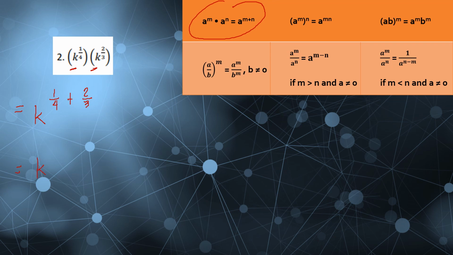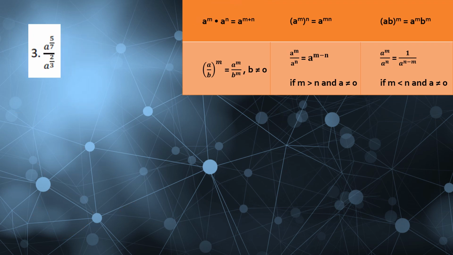Applying the butterfly method, 1 times 3, 3, plus 2 times 4 is 8, over, multiply the denominators, 4 times 3 is 12. So we have k raised to 3 plus 8 is 11 over 12. So this is our final answer, k raised to 11 over 12.